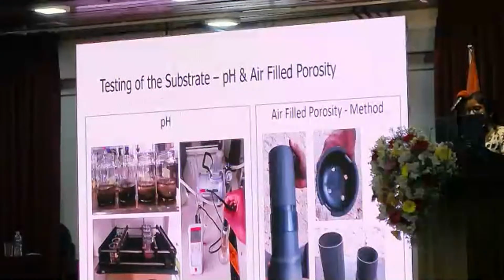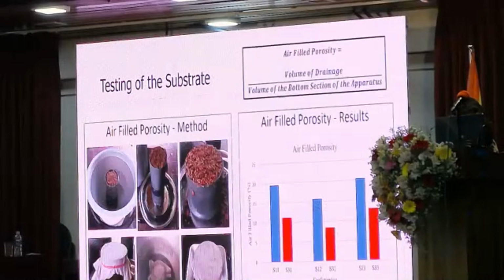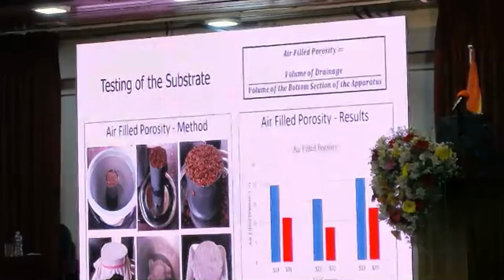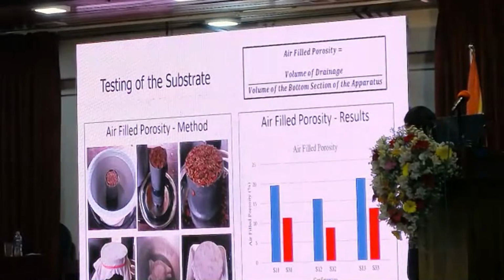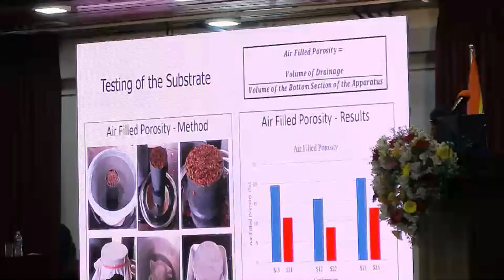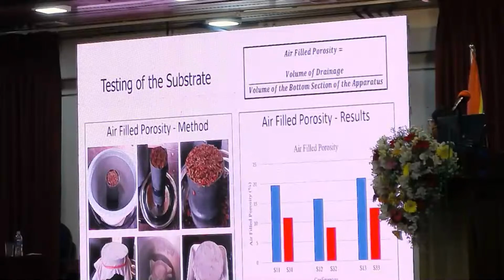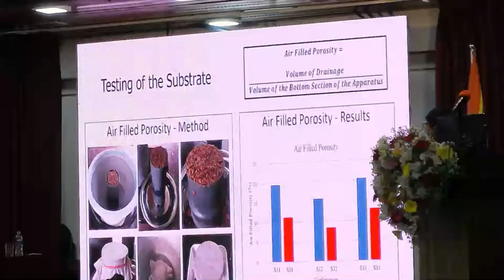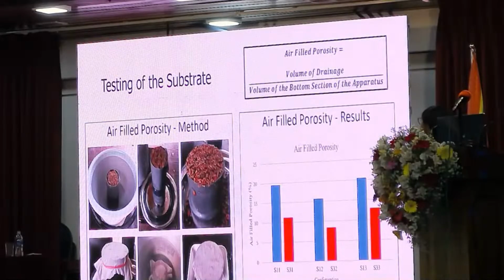The substrate was filled in this apparatus, and then it was placed in a water bath for 30 minutes, and it was allowed to drain freely for 10 minutes. This was repeated about 3 times, and then after the third cycle, the top half was removed and the bottom part was covered with a piece of cloth, and it was again immersed in water for 10 minutes, and it was allowed to drain for 30 minutes. The amount of water that was drained, we used in the equation and calculated the air-filled porosity.